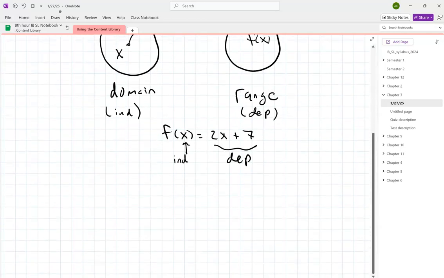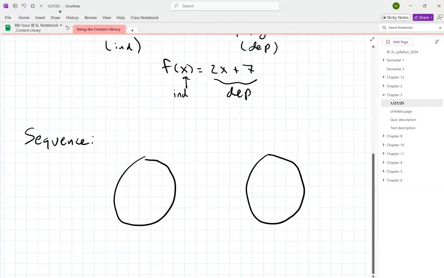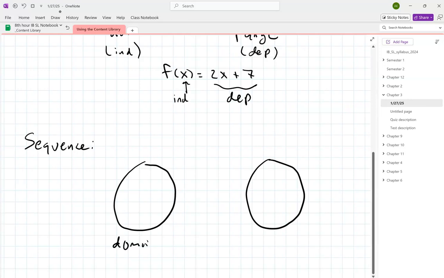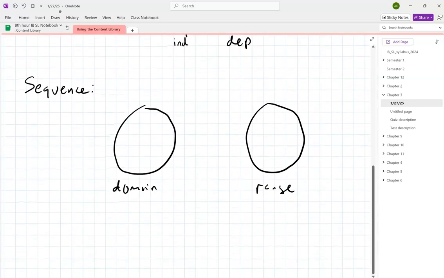So a sequence is just a kind of function. But the difference between a sequence and a function in general is the set of values for the domain.